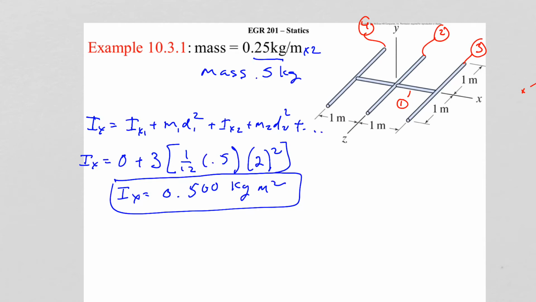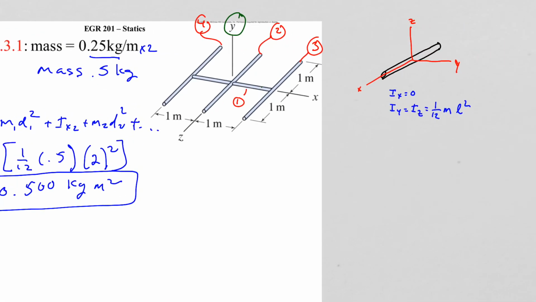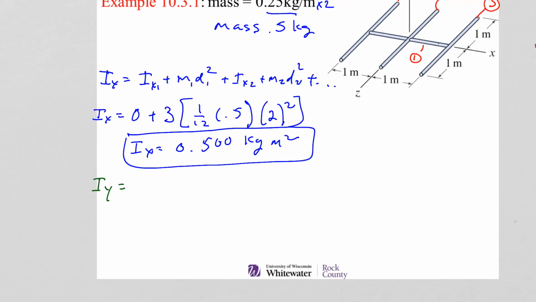Now let's look at doing it about the y-axis. For the y-axis, Iy, the y-axis being here in this case, if I look at the first shape, shape 1, we see that this y-axis is perpendicular to shape 1. So I will have this 1/12 mass times length squared.